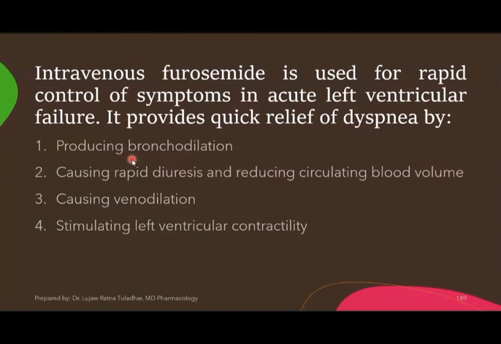Because of that drainage, there is more surface area available in the lung for gaseous exchange. So there is immediate relief of symptoms of pulmonary edema, which is a feature of acute left ventricular failure or right ventricular failure or cardiac failure.